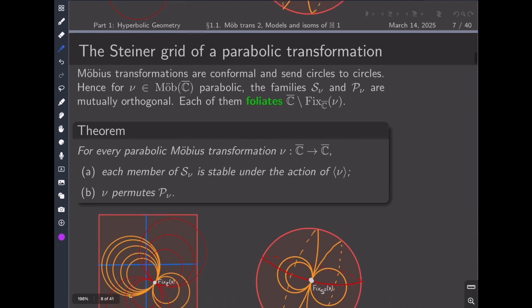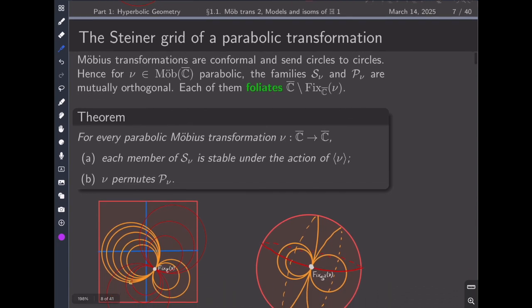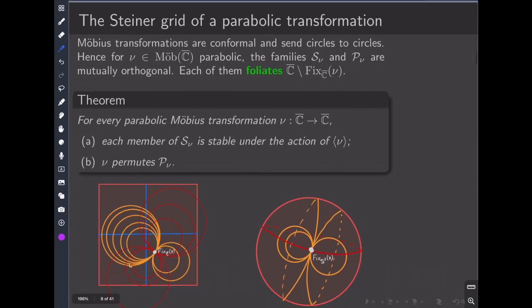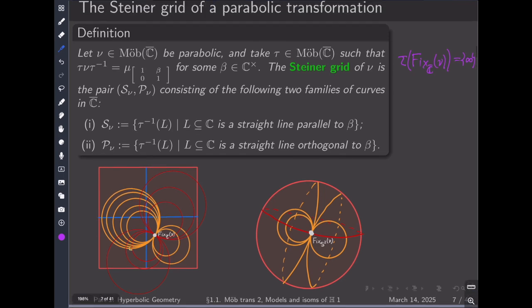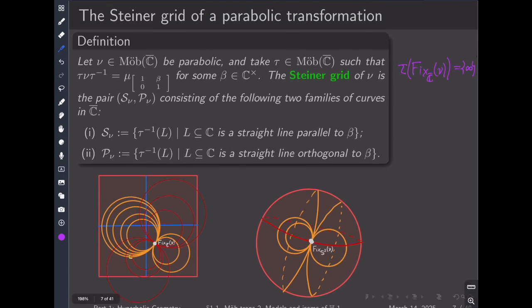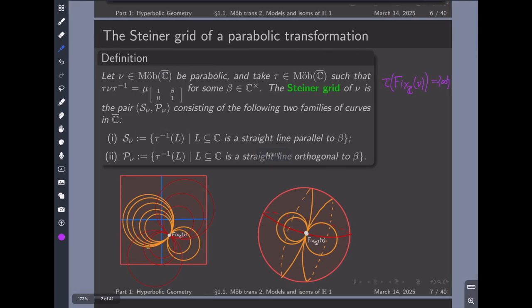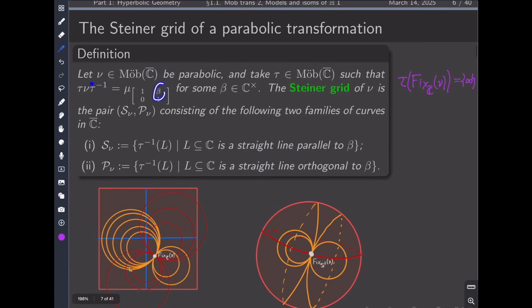That's actually an exercise from the series of exercises from the last lecture, from Wednesday. It's independent of beta. It depends only on nu. But it's a good point.